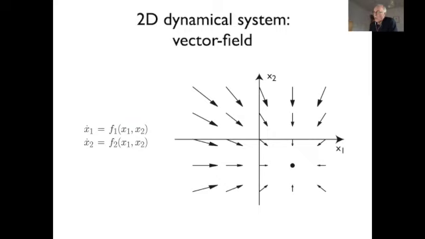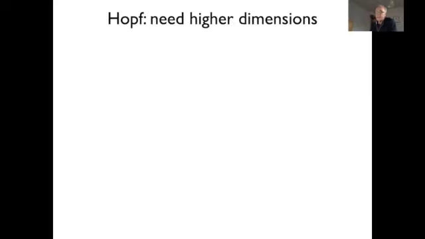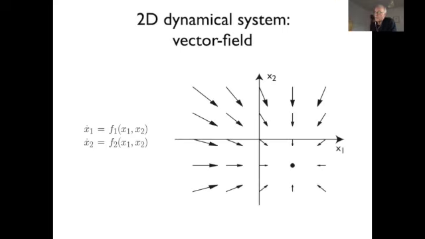The Hopf I mentioned only to make a point. The Hopf bifurcation is the one where an oscillation arises, and I want to make the point about higher dimensions, about vector fields. So if you have more than one variable, you can't actually plot x dot versus x, right? Because you have 4 things to keep track of: x1, x2, x1 dot, x2 dot.